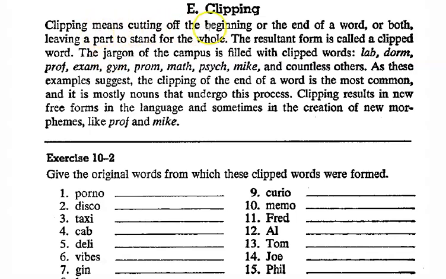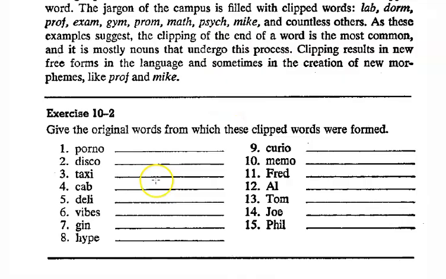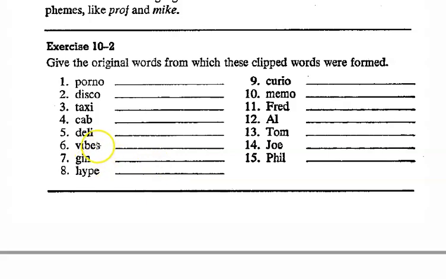Clipping means cutting off the beginning or the end of the word, or both, leaving one part to stand for the entire word. So instead of saying the full word, we just take part of it. It is important to know that sometimes we make some modifications.